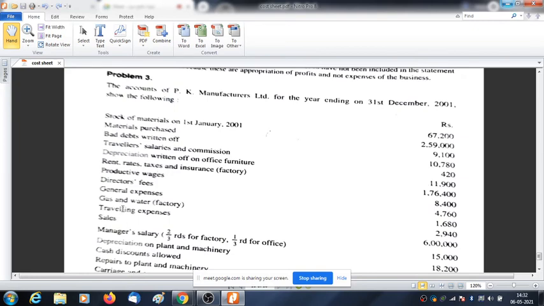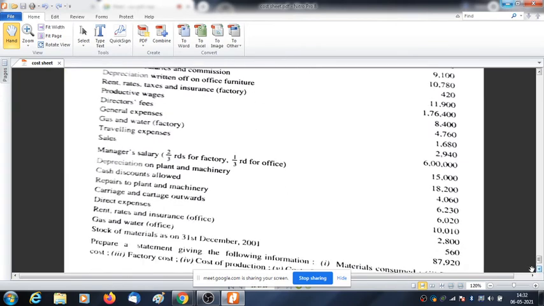General expense, gas and water, traveling expenses, sales manager salary. In manager salary it is written two-third for factory and one-third for office. Two-third of this salary will come under factory overhead and one-third will come under office and administration.